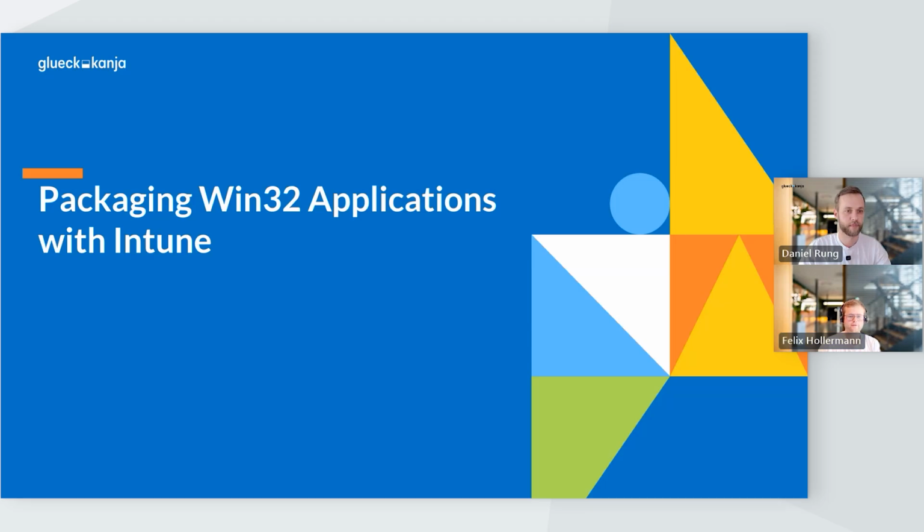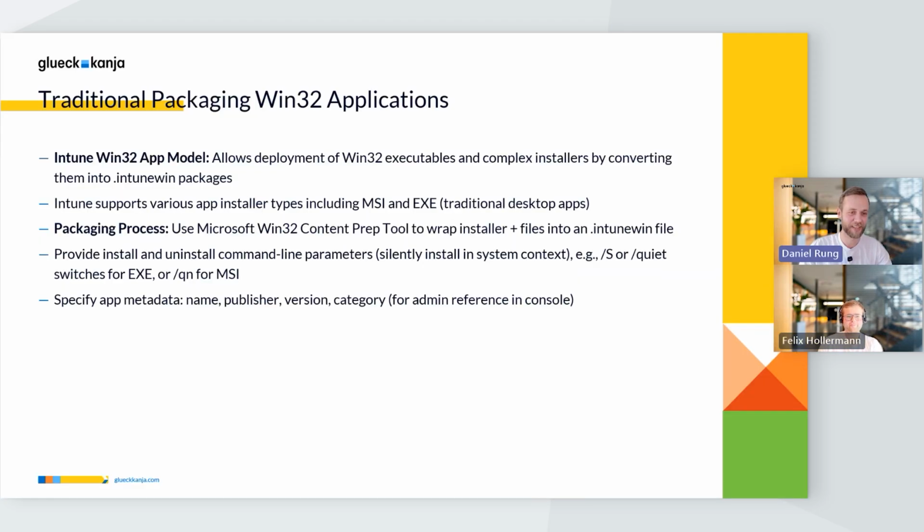Packaging. In the traditional way, the packaging was done with Win32 apps. You download the executable or the MSI from the manufacturer, and you need to wrap it into an Intune Win file to upload it and install it on clients.